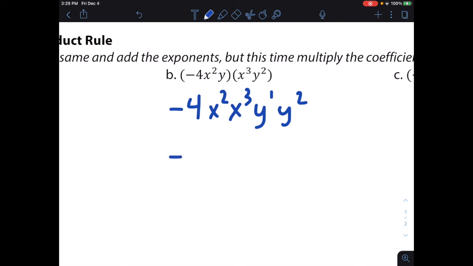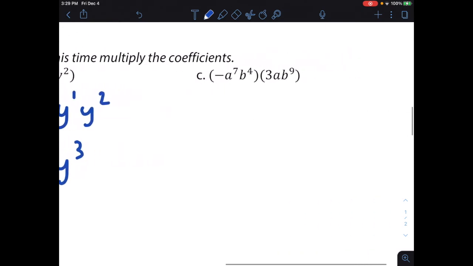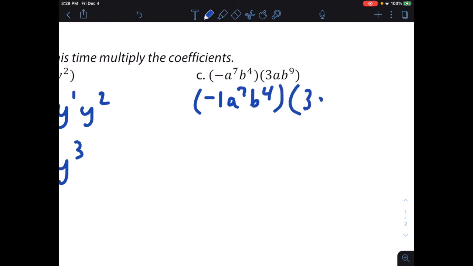Okay, so we have -4, x to the 5th, y to the 3rd. And then the last one is one that tricks people up sometimes, because it's -a to the 7th, b to the 4th. Remember, we can rewrite this now as -1, a to the 7th, b to the 4th times 3ab to the 9th.